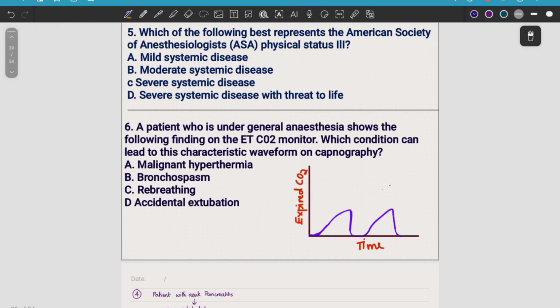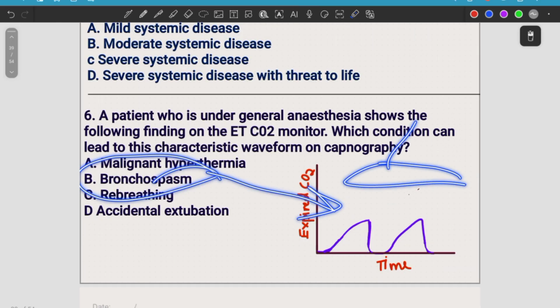Okay, coming to the sixth one, a patient who is under general anesthesia shows the following finding on the ETCO2 monitor. What condition can lead to this characteristic wave on capnography? What is this? We have seen this sharp fin pattern.